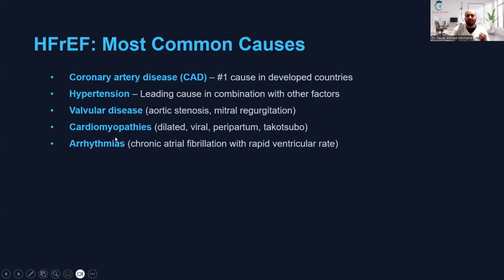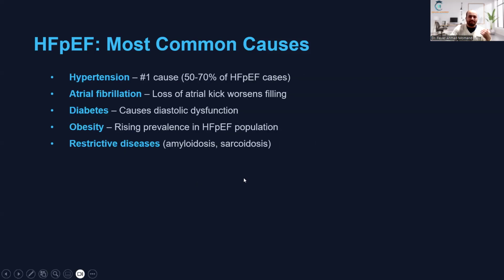Heart cannot pump properly. Cardiomyopathies like dilated cardiomyopathy, viral, peripartum, Takotsubo. In this case, ejection fraction is also reduced. Some arrhythmias like atrial fibrillation, where the ventricular rate is rapid, cause reduced ejection fraction.